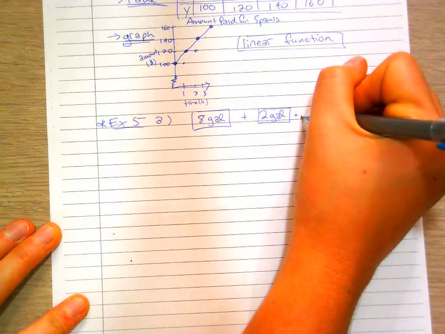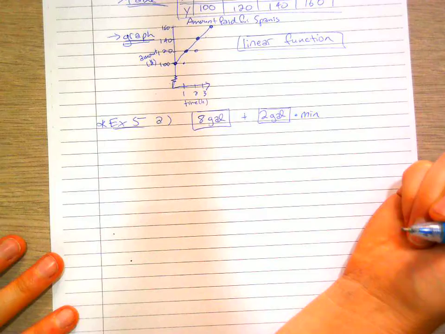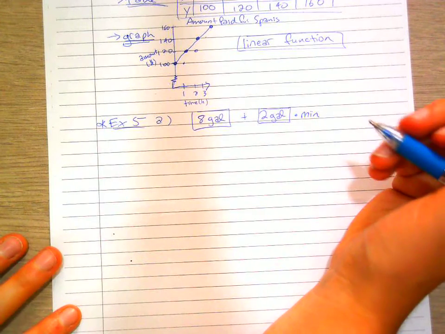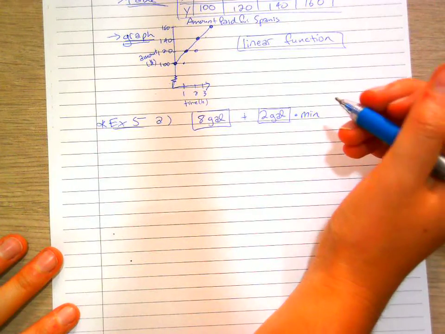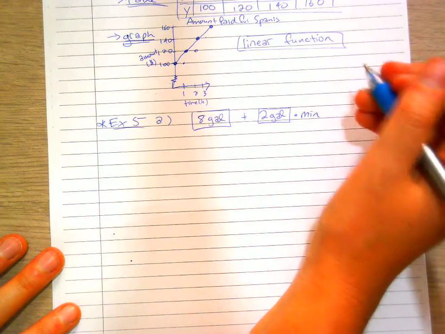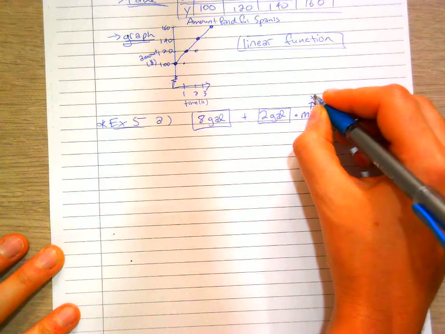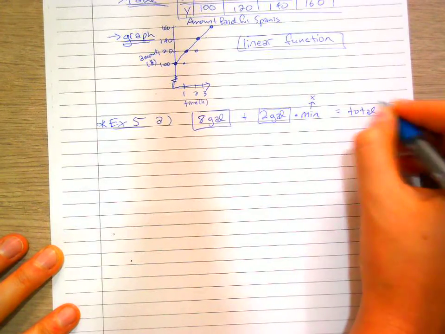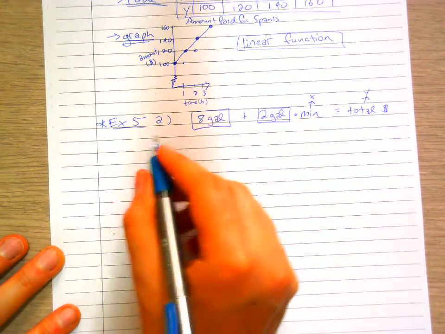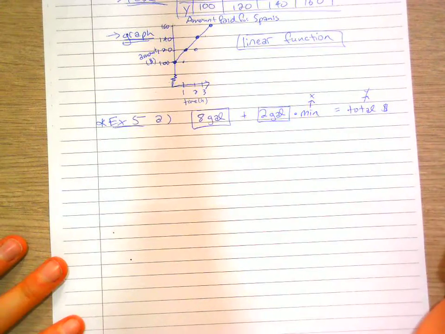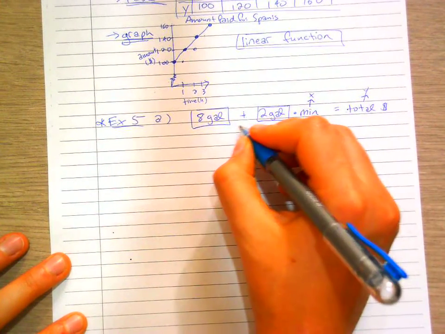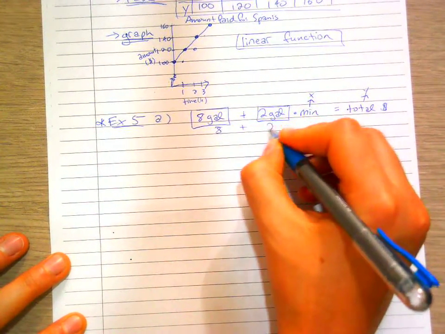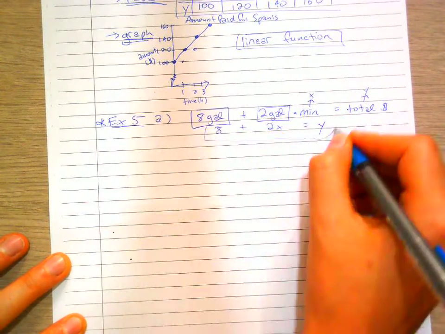The amount of water in the tank, y gallons, is a function of the number of minutes that the water has been pumped into the tank. Minutes is x, and the total water is going to be y. So we have the description, and we can write an expression: 8 plus 2x equals y.